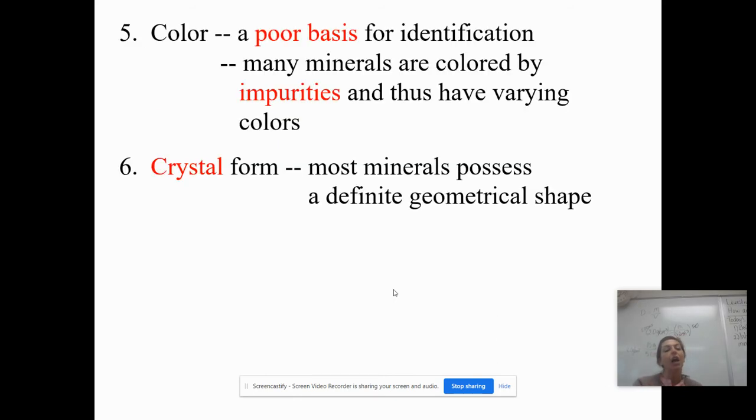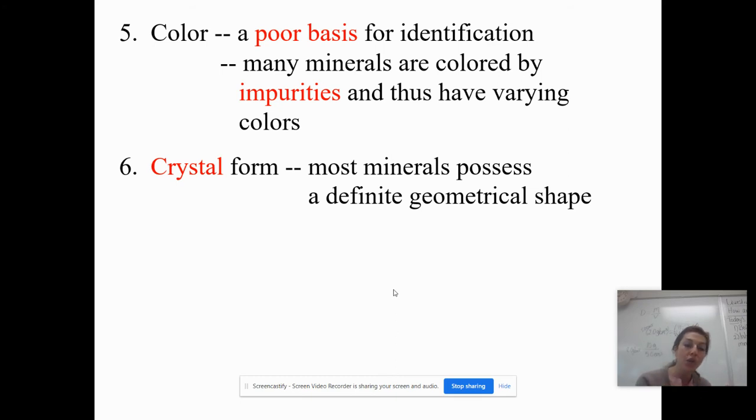We also look at color, but color is like the last resort that we look at. Like if we're down between two minerals, we've gone through all the physical property tests, then maybe the last thing we look at is color, because color is a poor basis for identification, meaning we cannot rely on just the color of the mineral, because many minerals are colored by impurities.